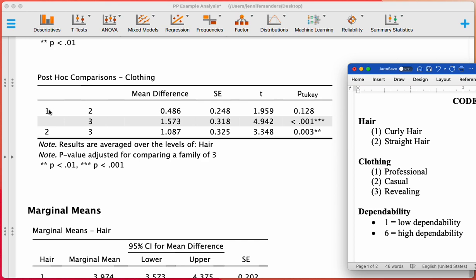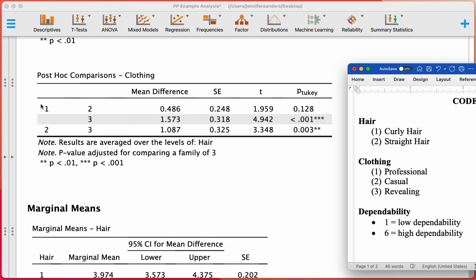There is a difference between professional clothing and revealing clothing, and that difference is 1.57. So professional clothing, the average minus the average of revealing clothing is 1.57, or we can read that as professional clothing were perceived as more dependable than revealing clothing by about 1.57 points on average.